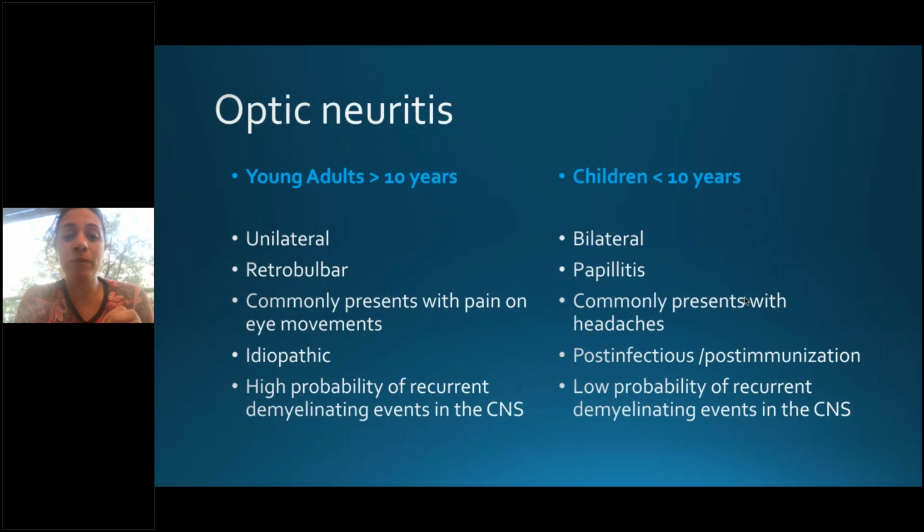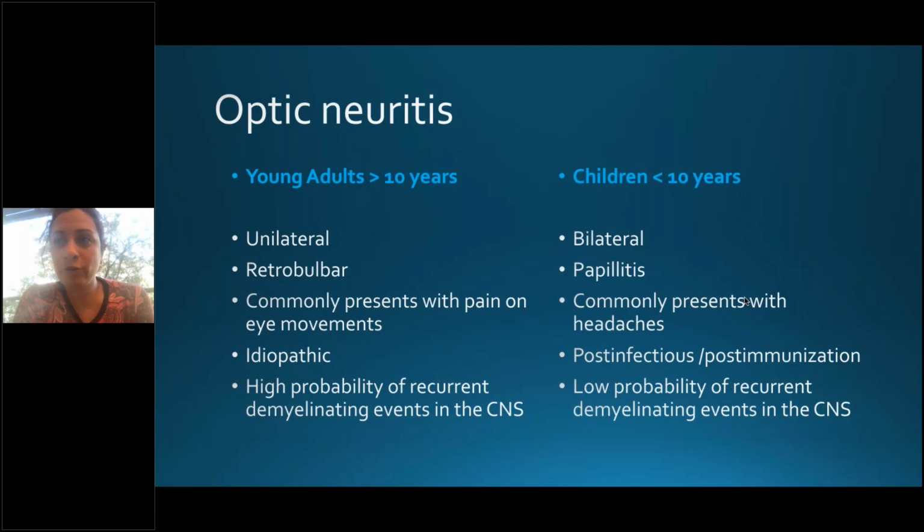But there's a high probability of recurrent demyelinating events, and that's why we need to keep a close follow-up on her and other children that present the same. Children less than 10, so younger children, it's normally bilateral. It's a papillitis. Papillitis means it affects the optic disc, so there's an optic disc swelling, not the retrobulbar part of the nerve.